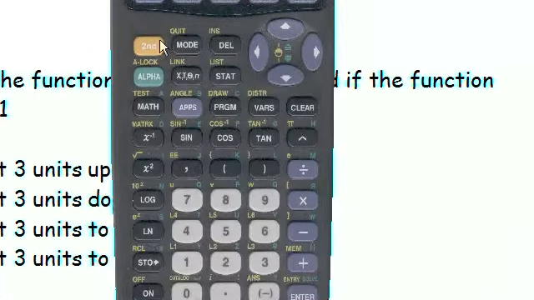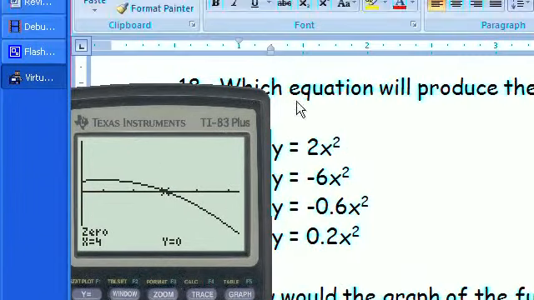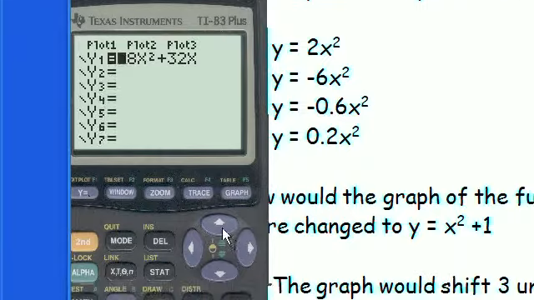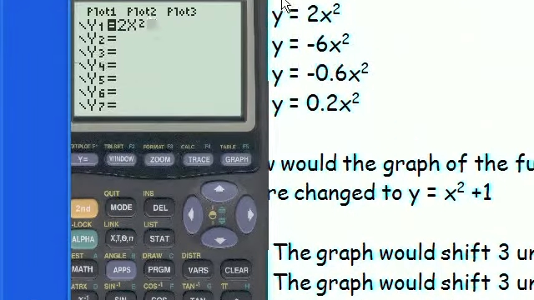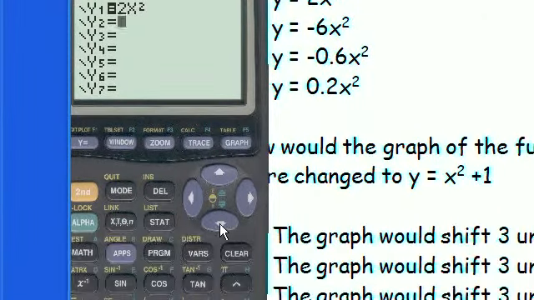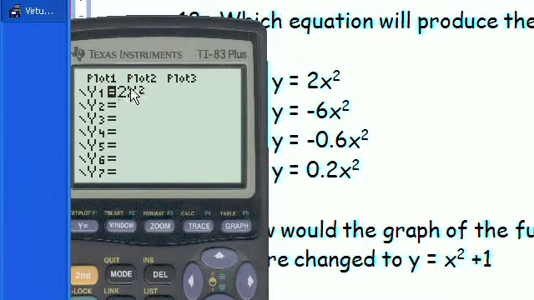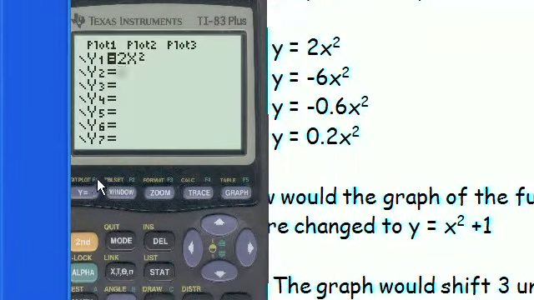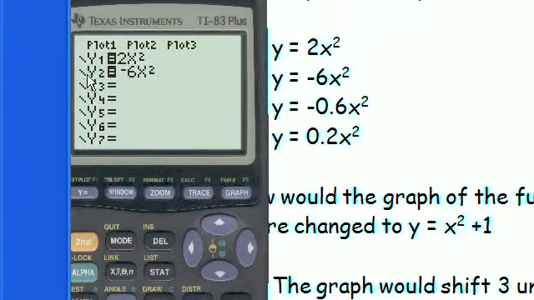Let's graph these options here and see what they look like. Clear. Okay, so I'll put in 2x squared, our first one, and make that the normal line. Then negative 6x squared, and I will make this one a bold line.